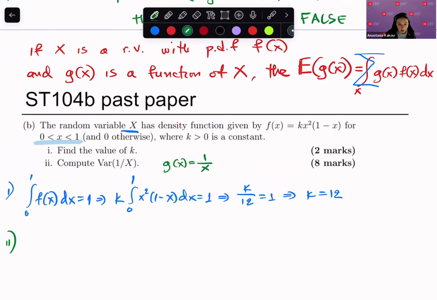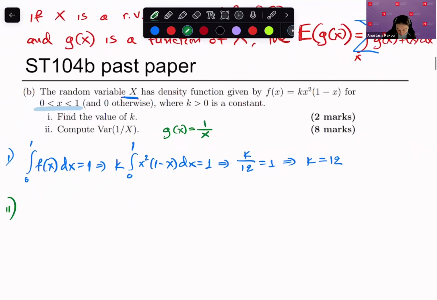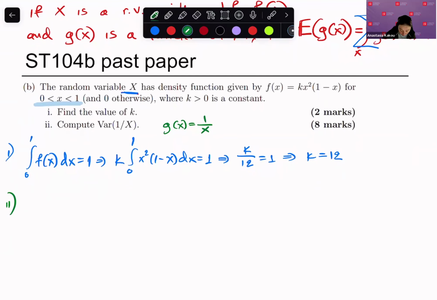And in order to find the variance of any random variable, the property will be to take the expected value of 1 over x squared minus the expected value of 1 over x, all squared.